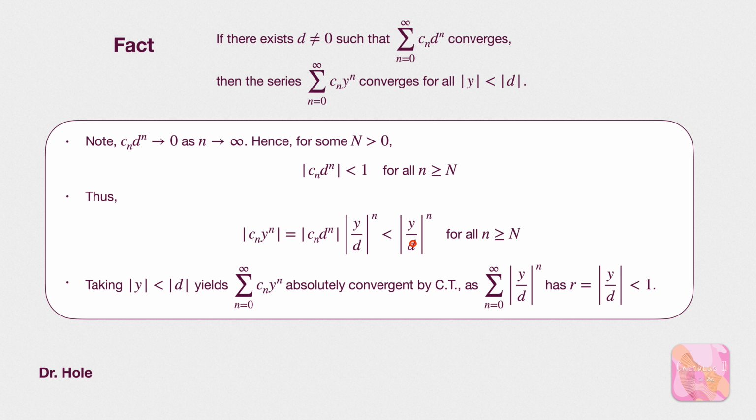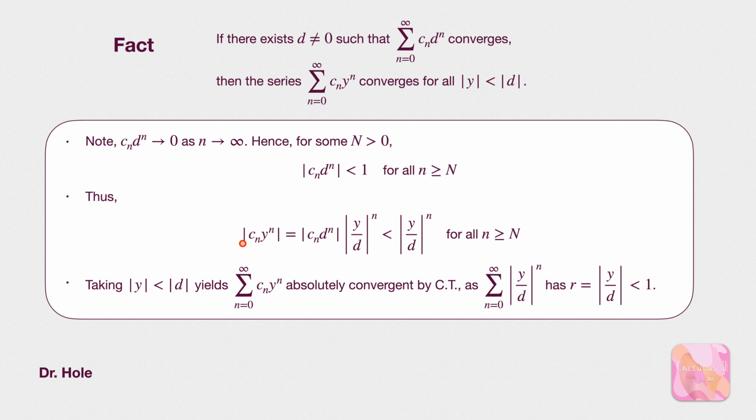Therefore, we can look at the comparison test and see that the series defined by the absolute value of Cn y to the n will converge as term-wise each term of the sequence is less than a sequence defining a convergent series.